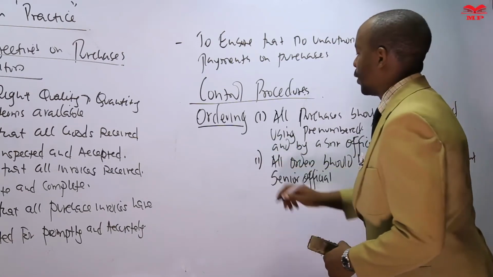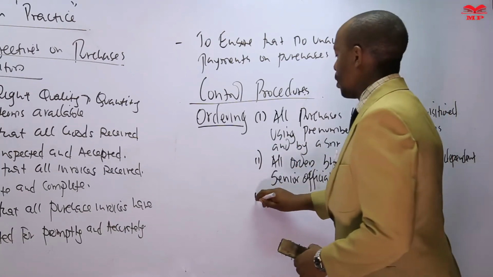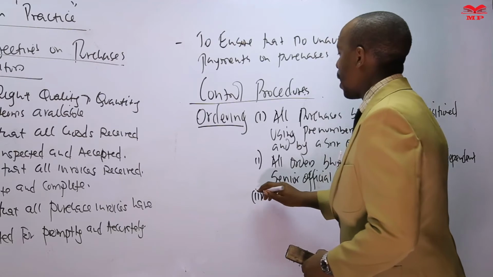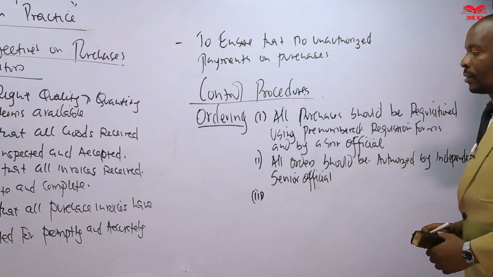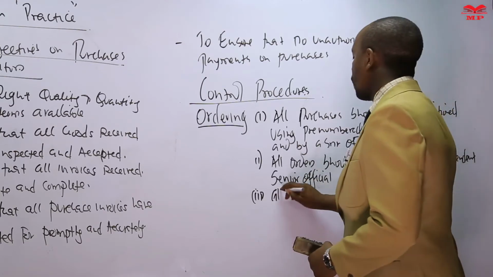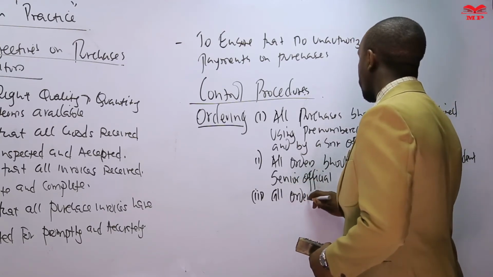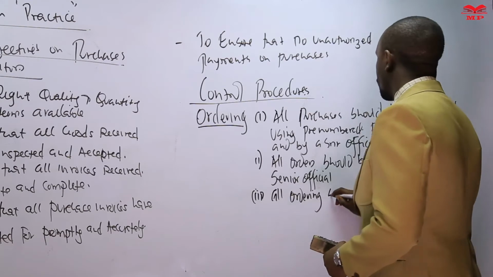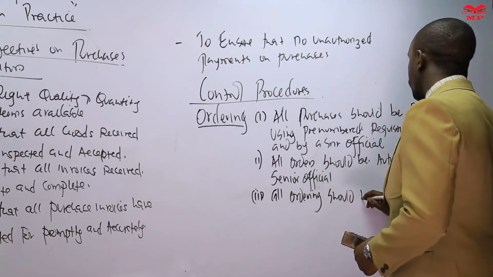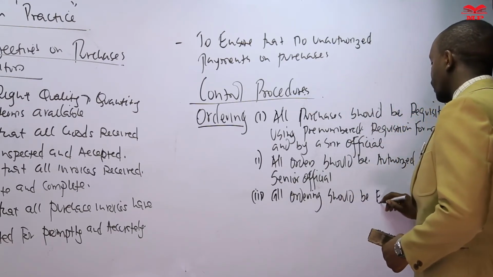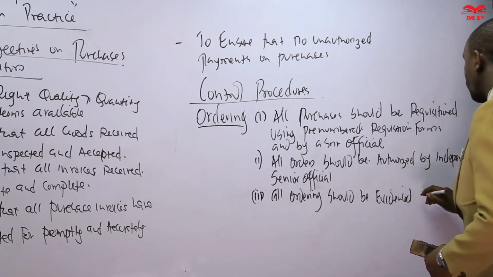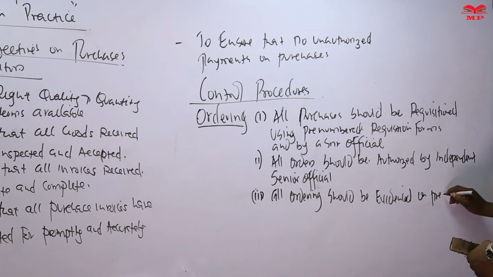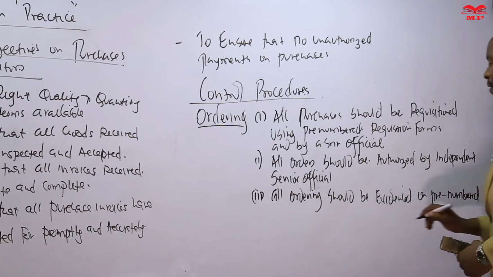And apart from authorization, we have number 3, all ordering should be done using pre-numbered order forms. All ordering should be evidenced on pre-numbered order forms.